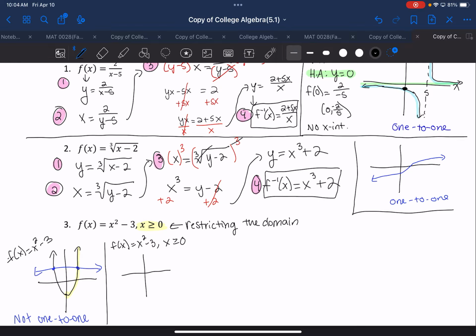Because I only want to graph everything that is greater than or equal to 0 for x. So that's what that graph right there looks like. X-axis, no y-axis. We agree?